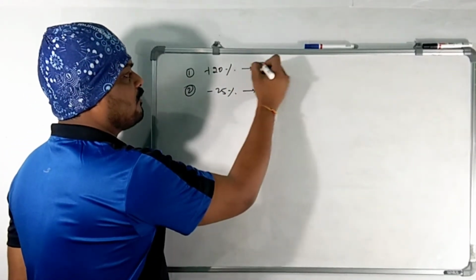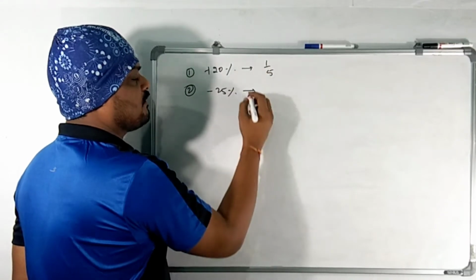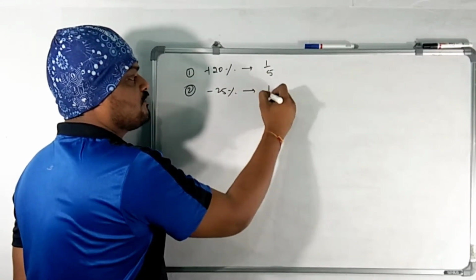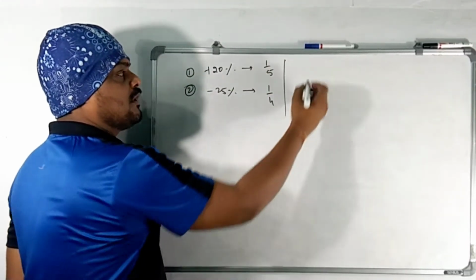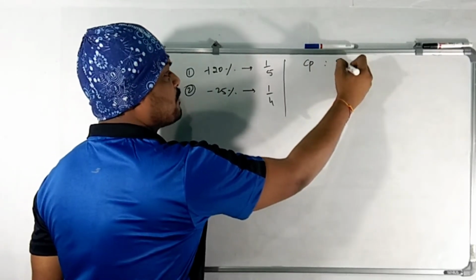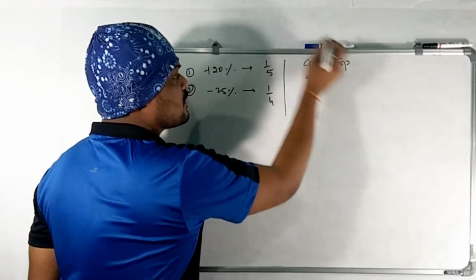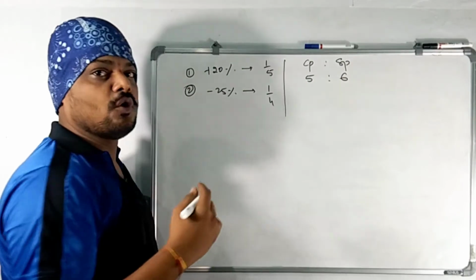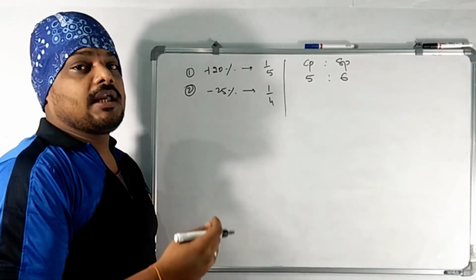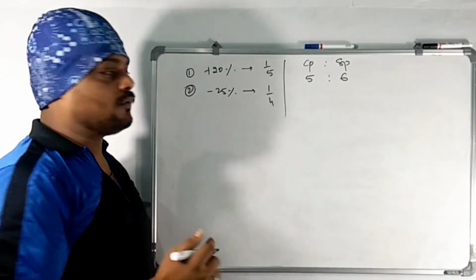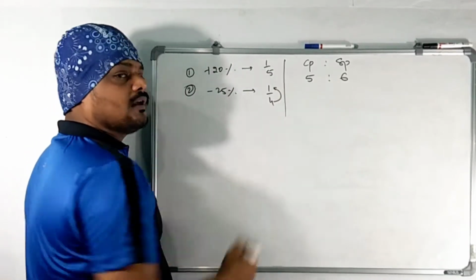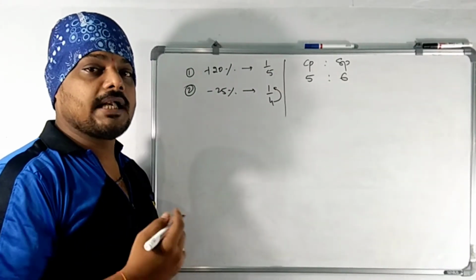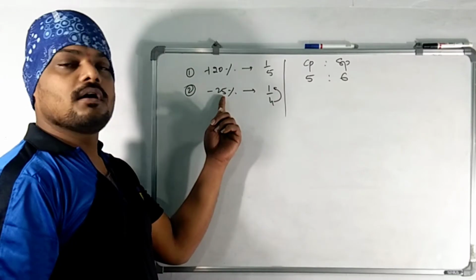The fraction value of 20% is 1/5 and the fraction value of 25% is 1/4. CP to SP is 5 to 6, because he sold it at a higher value to gain 1 rupee unit. Here he sold it for a lesser value, which gives a loss on the article.